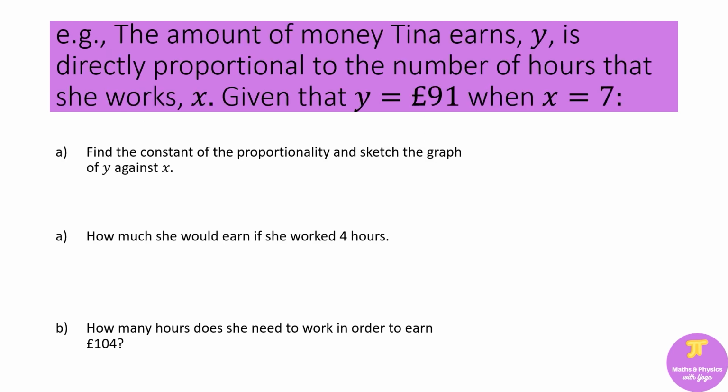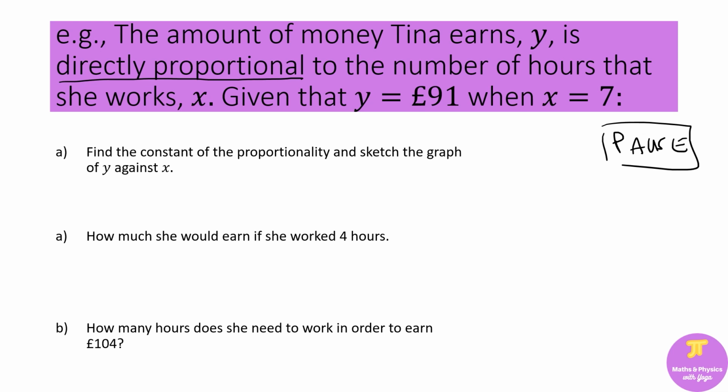So let's look at an example question. Please pause the video to read this question. The amount of money Tina earns, denoted by y, is directly proportional to the number of hours that she works.